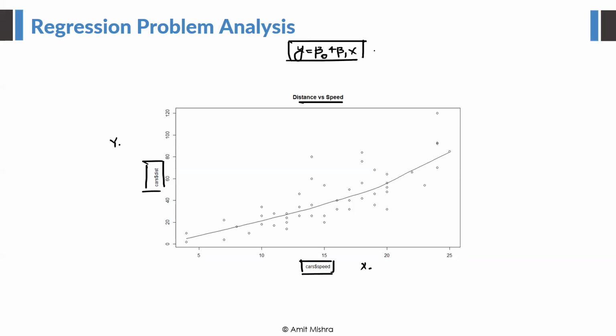Here, y is the distance traveled, which equals beta naught plus beta 1 into the speed of the vehicle, and it's done.